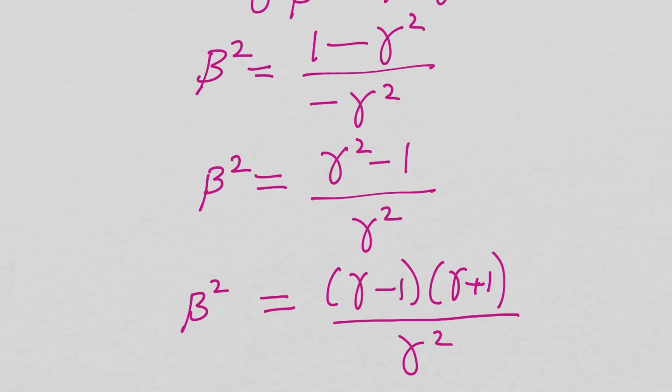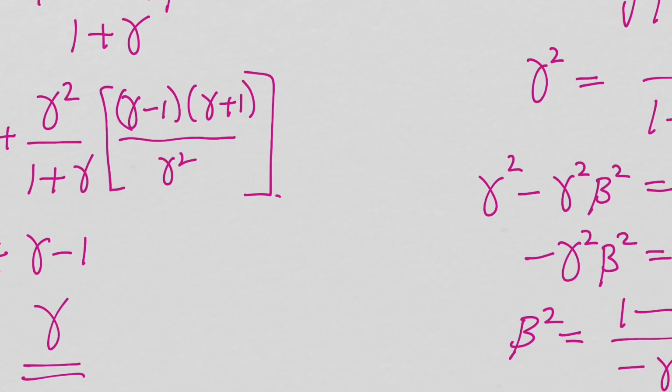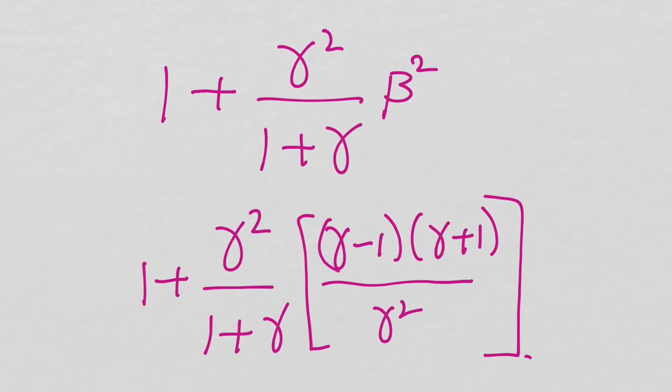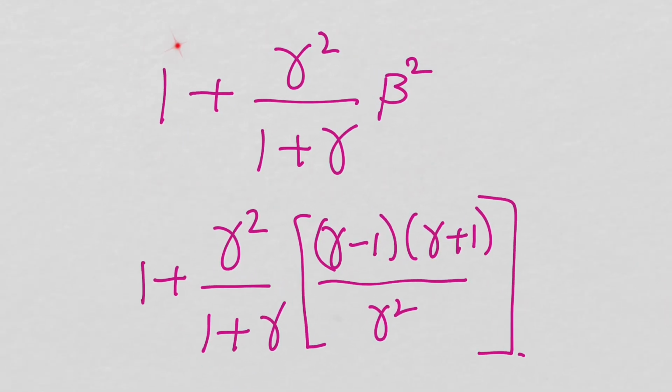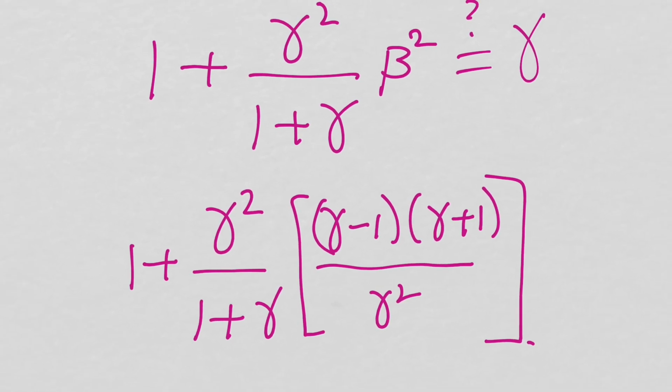Then go ahead and factor this in anticipation of a cancellation, and I get gamma minus 1 times gamma plus 1 over gamma squared. So then I say, okay, I'm looking at this thing, the thing that I have to convince myself ultimately equals gamma, right? And I do my substitution.